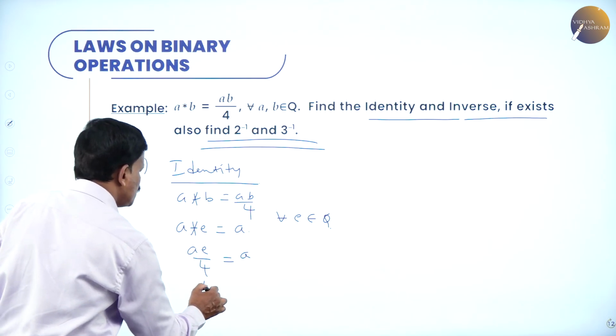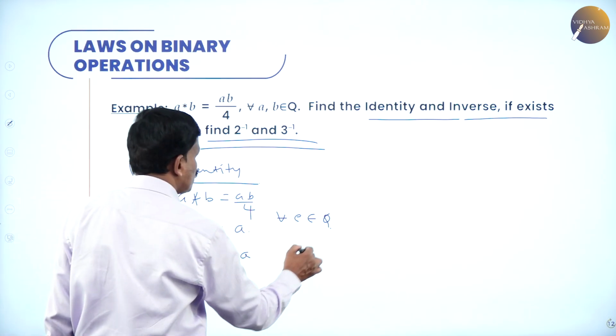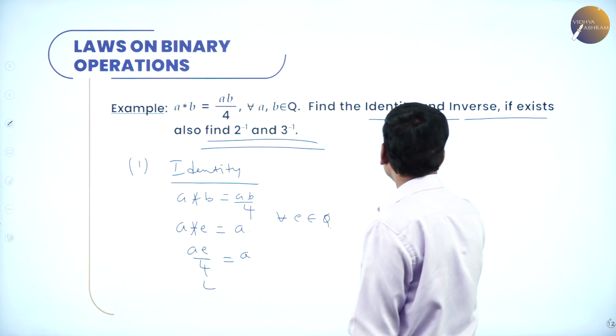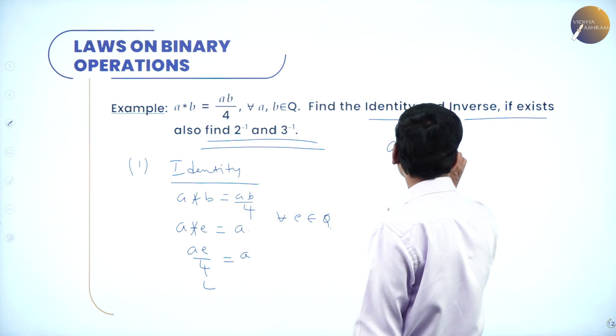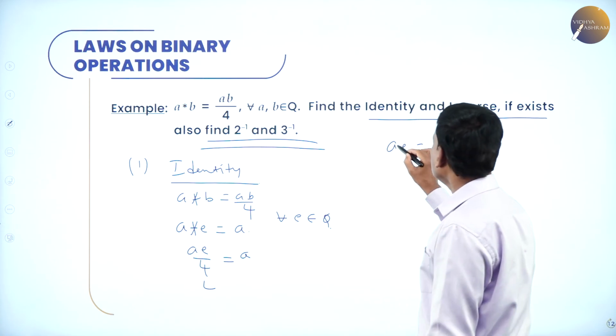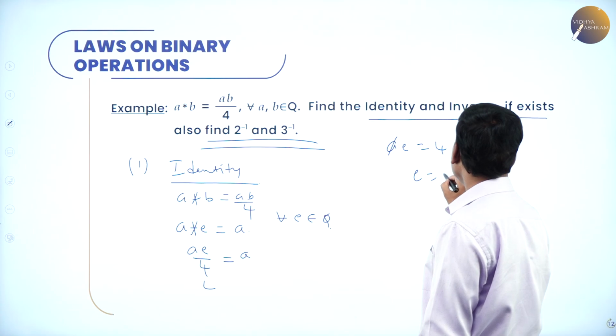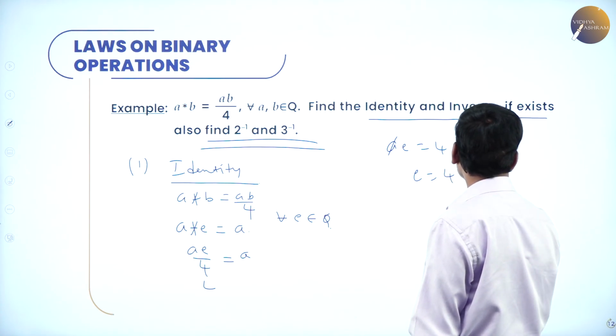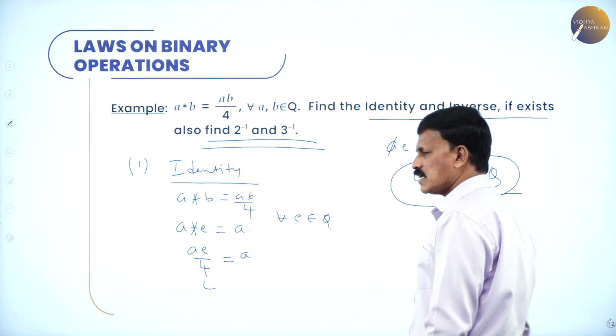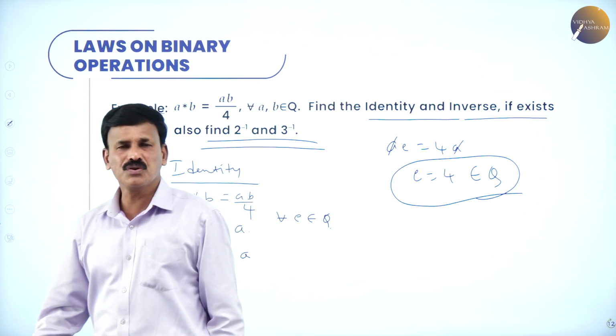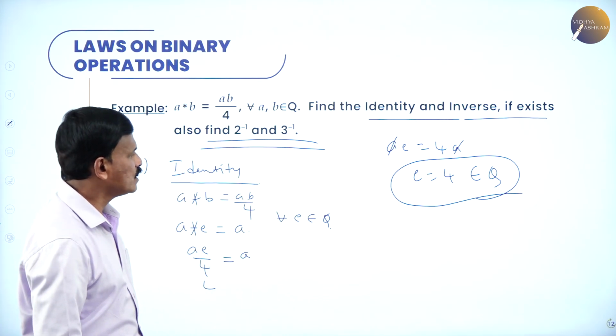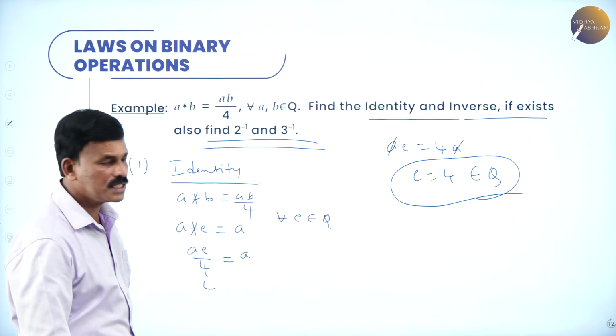If you cross multiply, what you will get? A into E is equal to 4 into A. So this A gets cancelled. E is equal to 4, which belongs to Q, is the identity element.